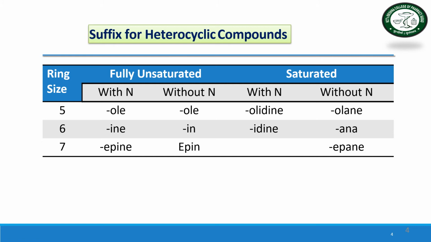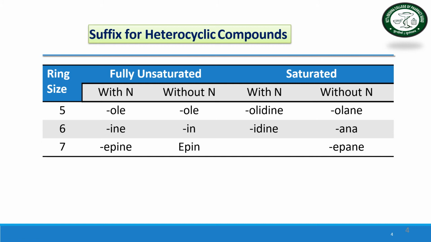If containing nitrogen, then we use olidine. Understand? Olidine. Without nitrogen, we use olane. So I repeat once again: a 5-membered ring containing an unsaturated compound with or without nitrogen, the same suffix is used, that is ole, which is used at the end of the compound, known as suffix.